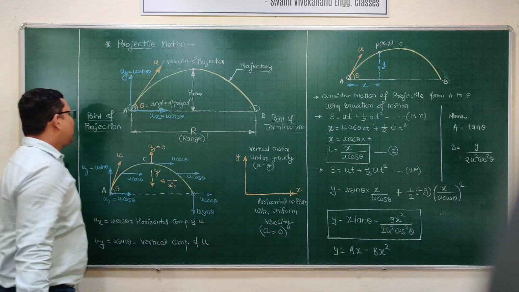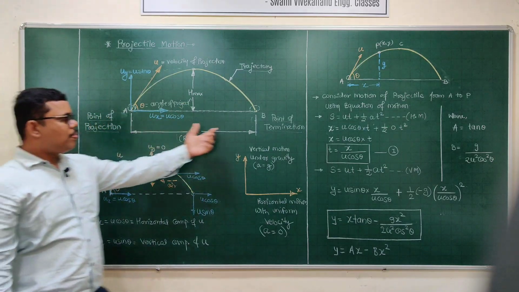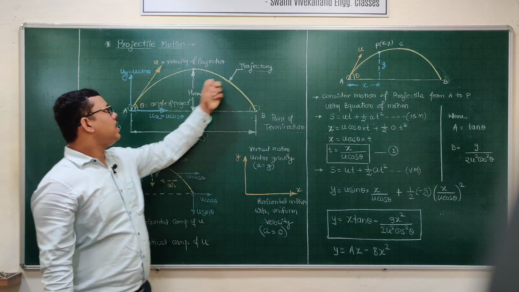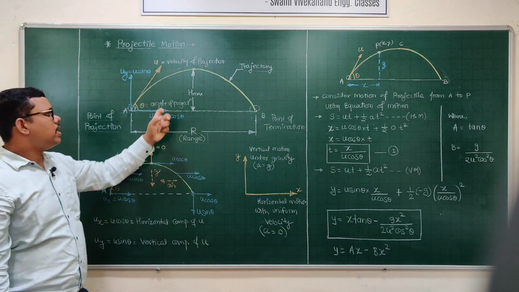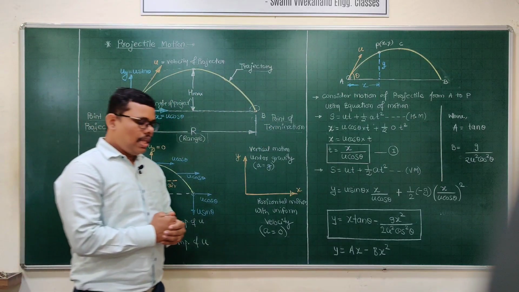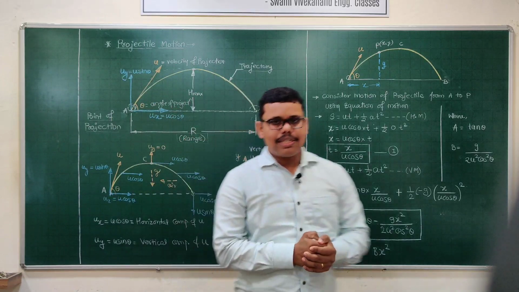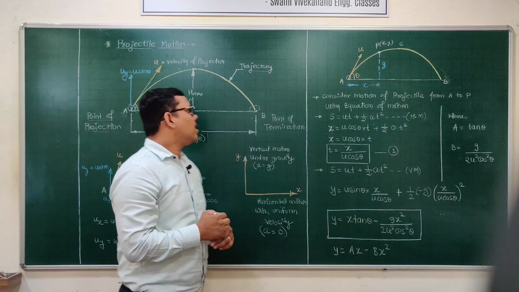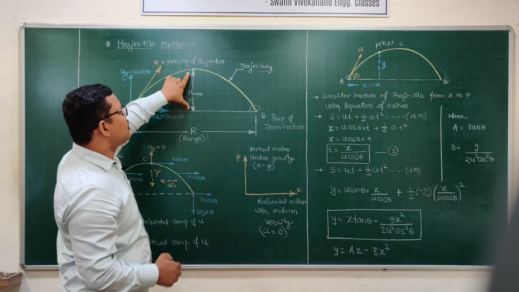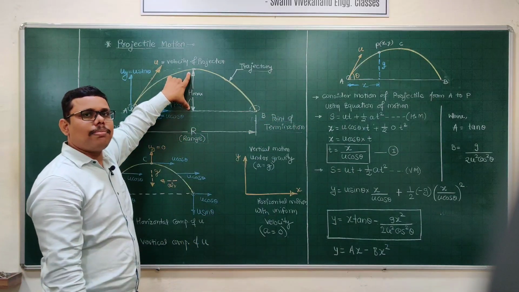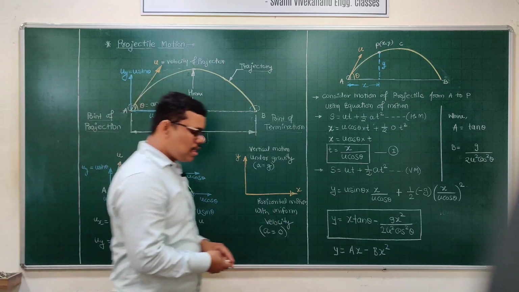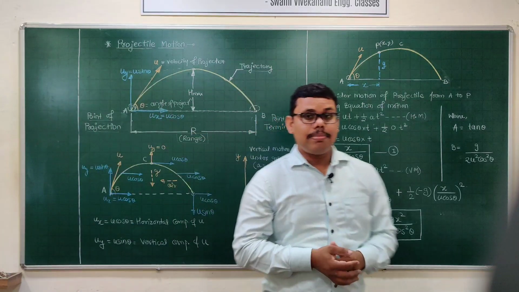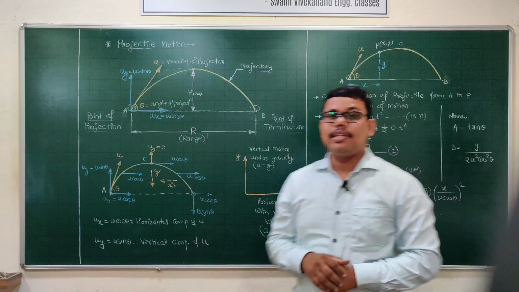So till here we have to know the point of projection, point of termination, trajectory, velocity of projection and angle of projection. Now this projectile is thrown in space, so it attains some height. Here h max is called the maximum height attained by the particle. Later on we will see how much height is attained by the particle depending on the angle theta.